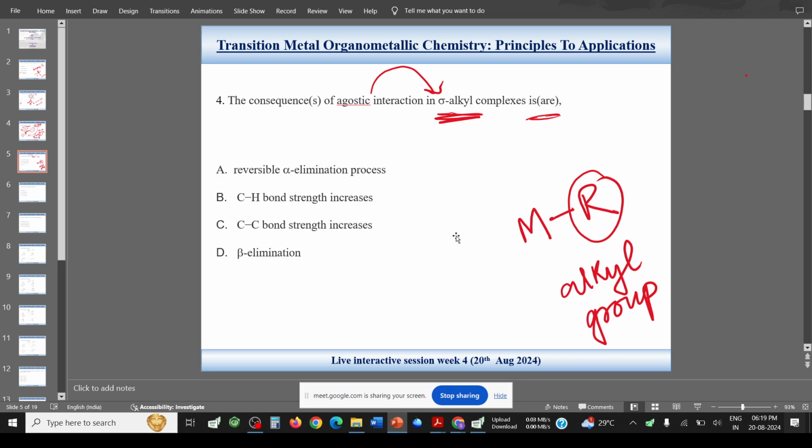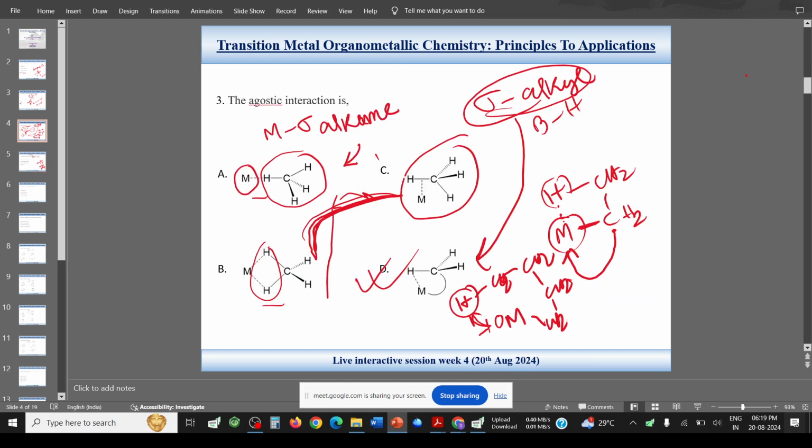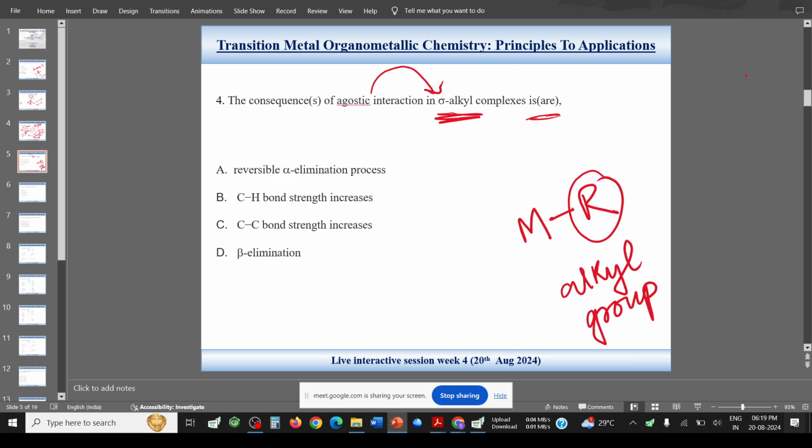Okay. So here I have already discussed the agostic interaction. The agostic interaction happens in sigma alkyl complexes. So for the sigma alkyl complexes, let's say we have M-CH2-CH2-H.